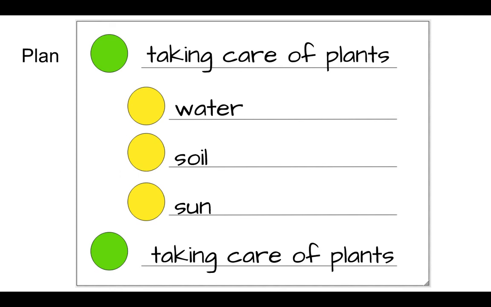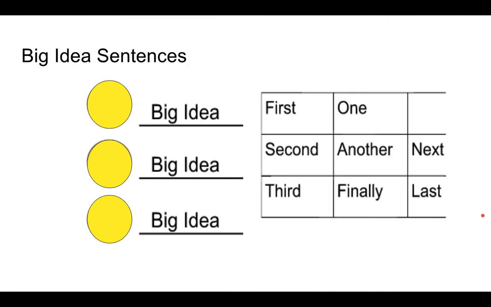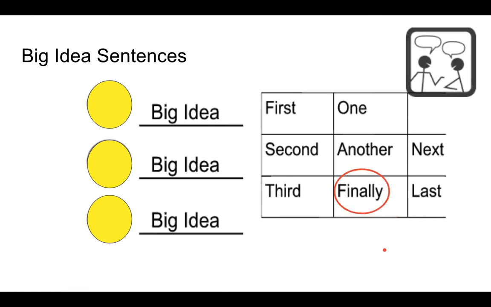And I like to just think about how I would talk to somebody about it. I wouldn't just say sun or plants sun. So looking back at my cover and my transition words, again, I'm going to choose one of those. I'm going to choose finally, and then I'm going to talk it out. So I want my sentence to say, finally, plants need to be somewhere they can get sunlight.